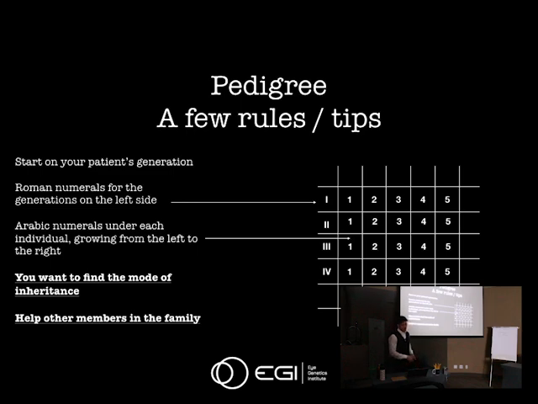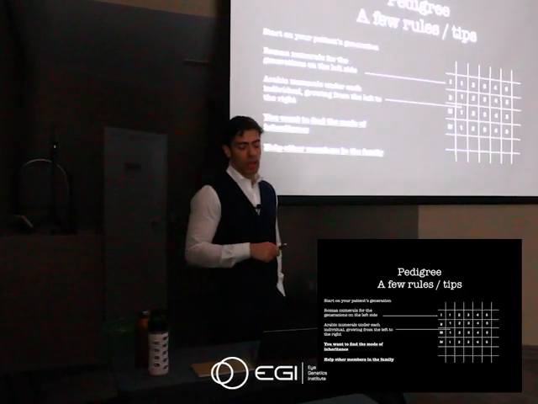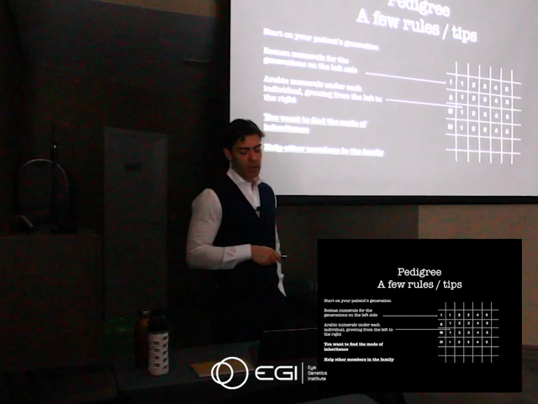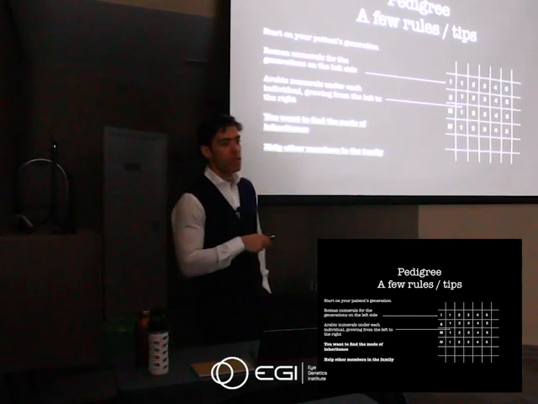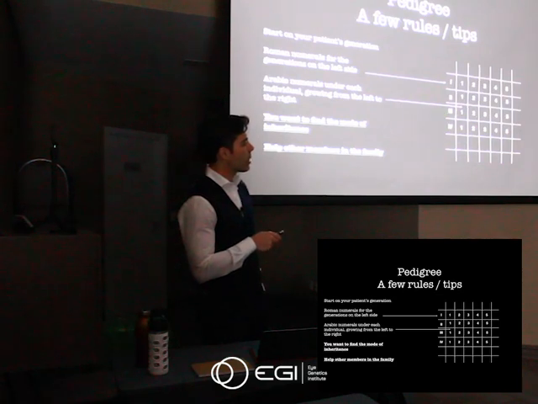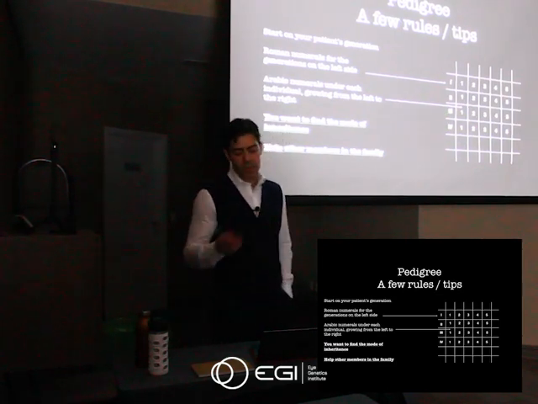So here we have a few rules and tips about how to start drawing your pedigree. You should start with your patient's generation. Let's say that your patient is in the third generation. You will start by drawing the patient and his brothers and sisters.